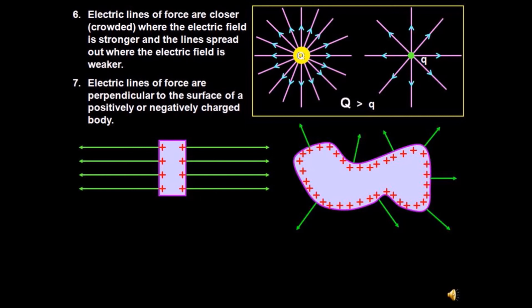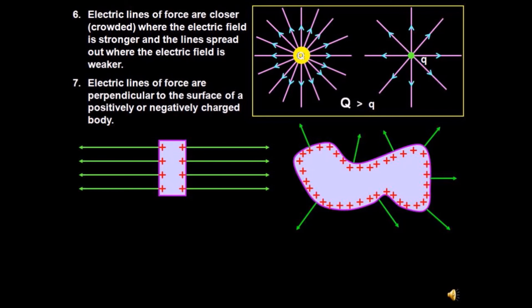Now the closeness of electric field lines also denotes the strength of electric field. If the field lines are closer, then the electric field is stronger, and if the field lines are far, then the electric field is weaker at that region. So you can notice near a given charge, the electric field lines are closer to each other.